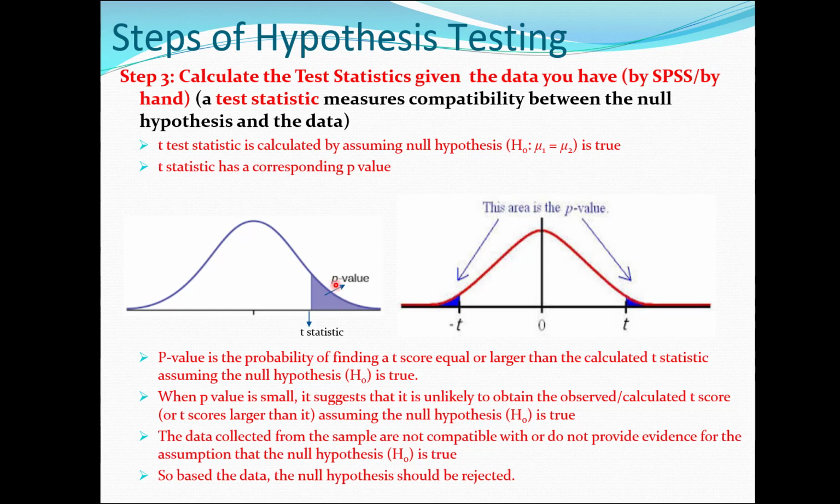Okay? So if you look at this graph, I have this area plus this area as my p-value. You will ask me why for this graph we only have this area as my p-value, while for this one I have two areas together as my p-value. My answer is, if you have a p-value on only one side, that means you are testing a directional hypothesis.